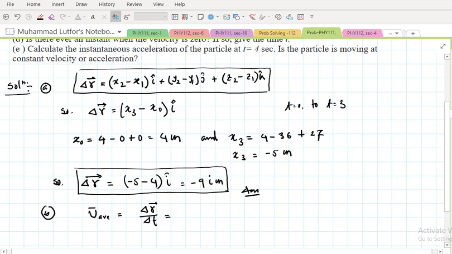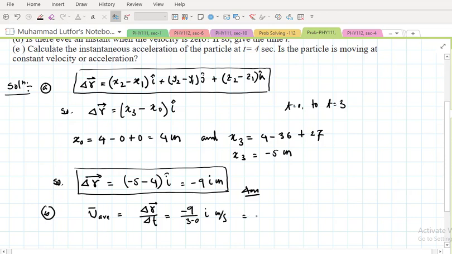We found del r is minus 9, and del t is the difference of the times, 3 minus 0, times i hat, and the unit is meter per second.